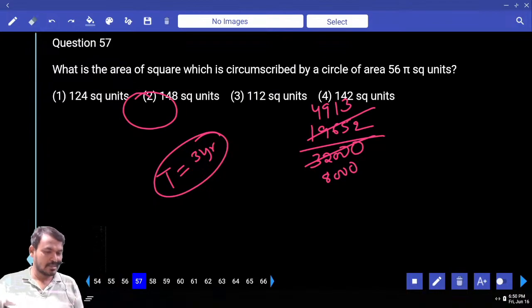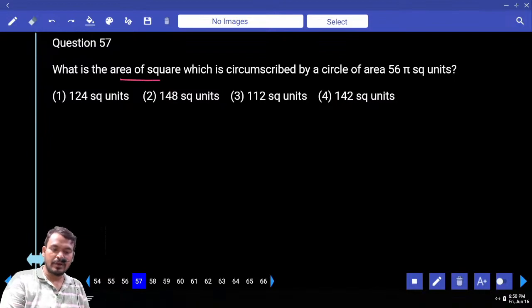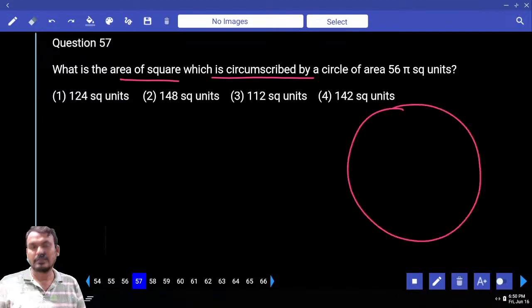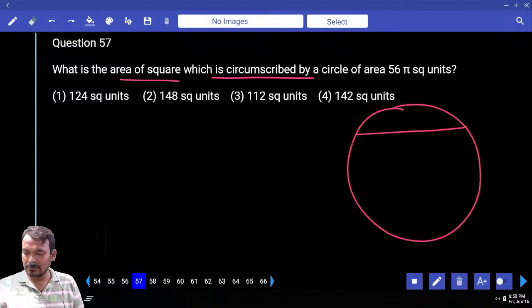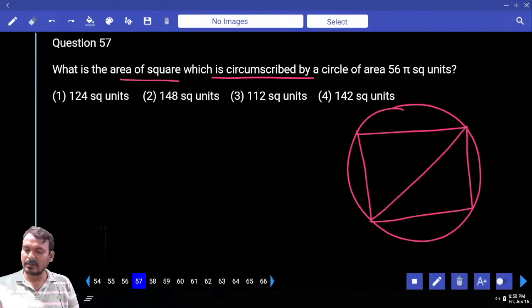Next, question number 17. What is the area of a square which is circumscribed by a circle of area 56 pi square units? Area of a square circumscribed by a circle means outer diagram circle, inner diagram square. Okay, the diagonal of a square equals which one?